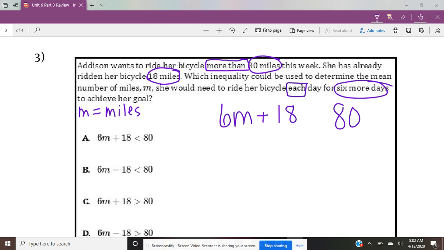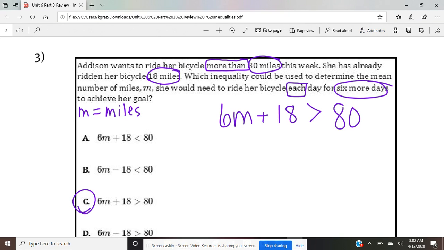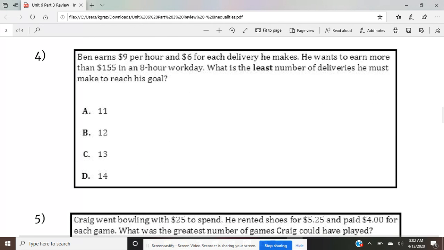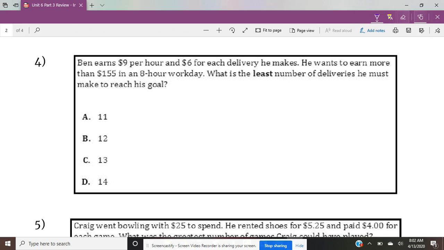And then she wants to ride more than, so it can't be 80. It needs to be more than 80. So 6M plus 18 needs to be greater than 80. The answer is C. I swear I did not make this so that all the answers are C. These are just all the state test questions that I found, and they all happen to be just like that.